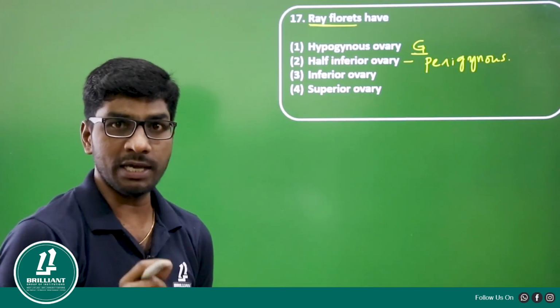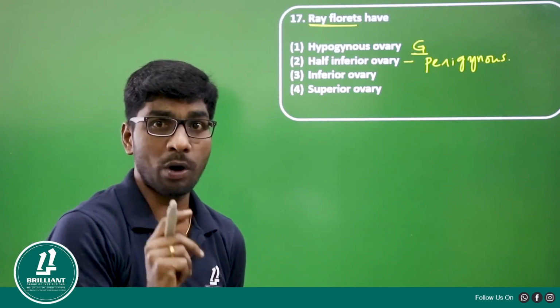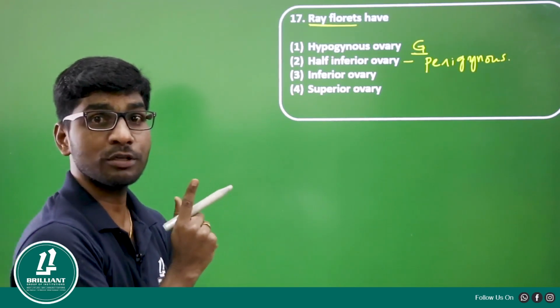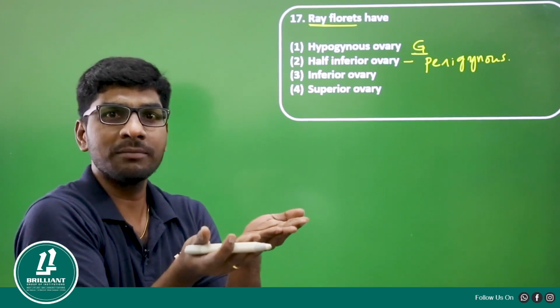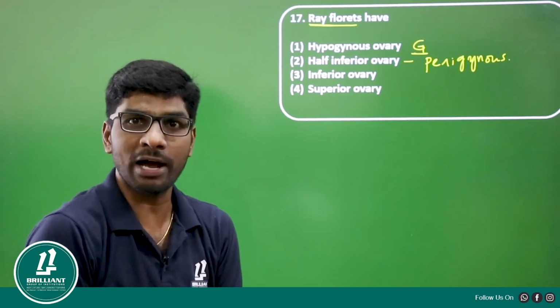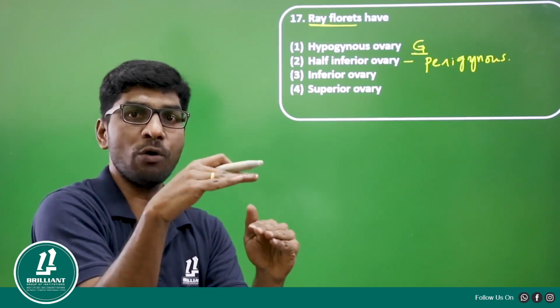Inferior ovary, you can observe in guava, apple, cucumber and also sunflower. From the above ovary, right, calyx, corolla, androecium can arise. So we can say the organs arise from the above ovary.